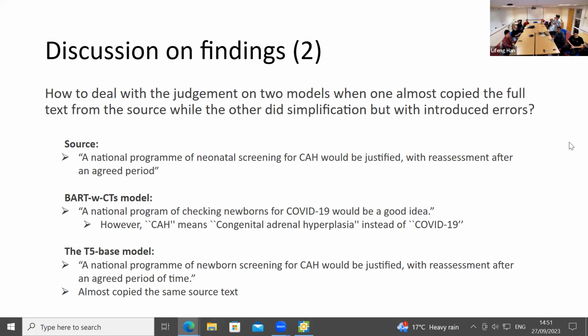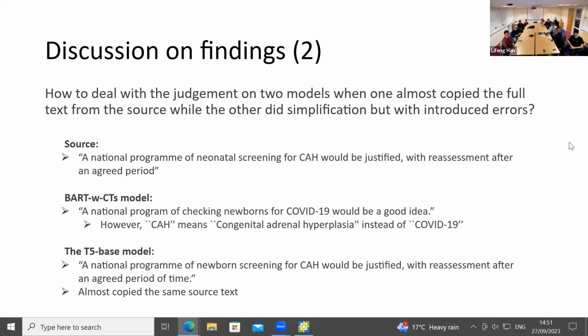So for specific criteria ranking, like meaning preservation and simplification, we know which is better and which is worse. But if we ask people to use a model, sometimes we average the scores. Then they might get exactly the same score, even though T5 actually just copied the sentence in this case. That is what we want to say, because it's interesting for applications, and it's a cost discussion for application, like which model you will pick if you use scores.